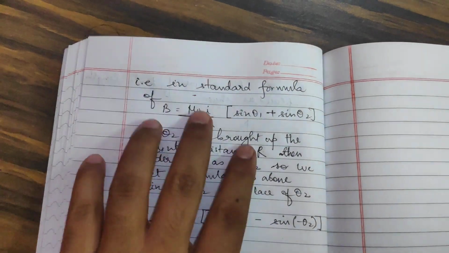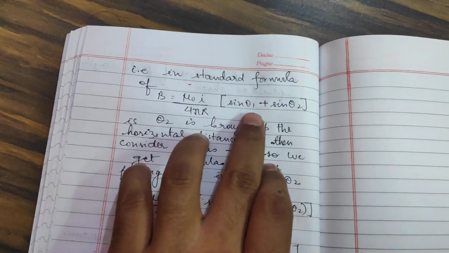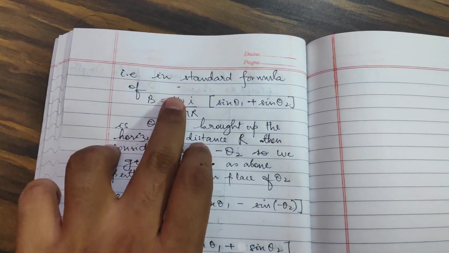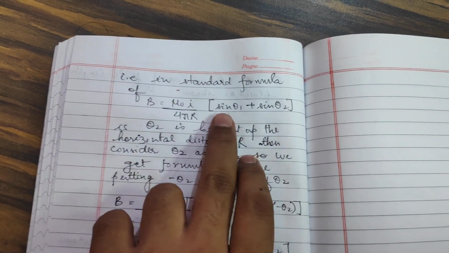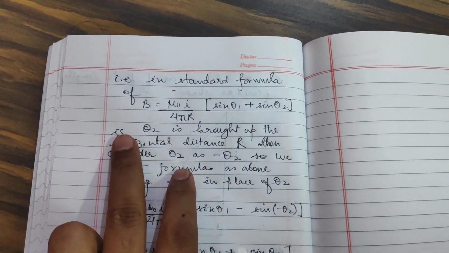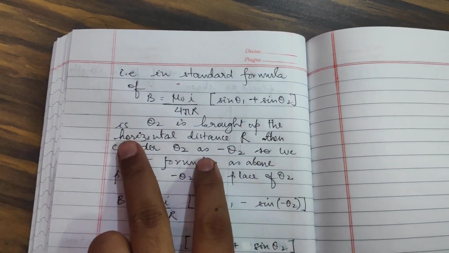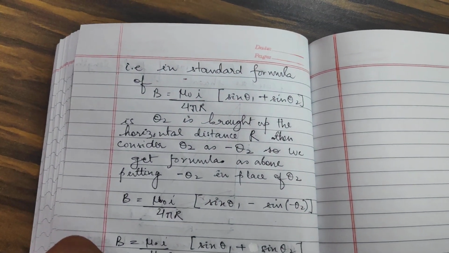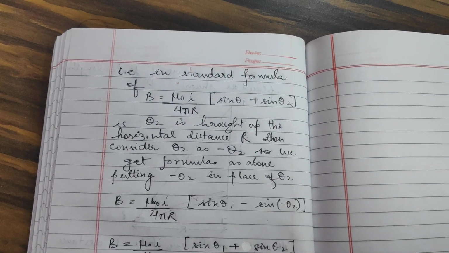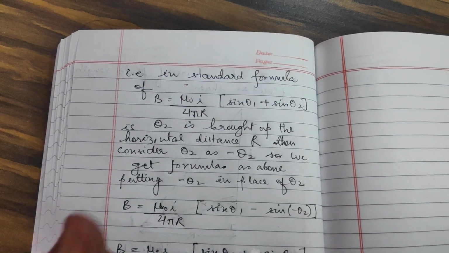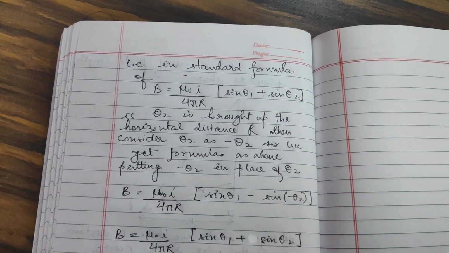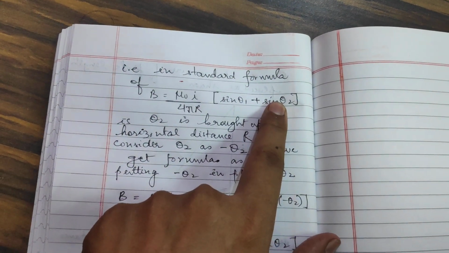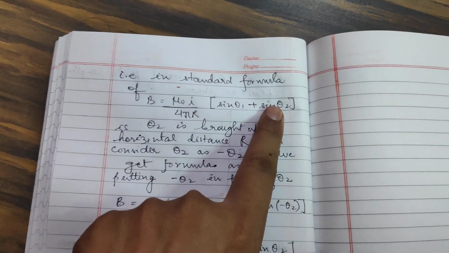The standard formula is B equals mu naught I upon 4 pi r, sin theta 1 plus sin theta 2. Now, earlier the angle theta 2 was below r, but in this case theta 2 has been brought above r. So instead of taking theta 2 as positive here, you take this theta 2 as negative.